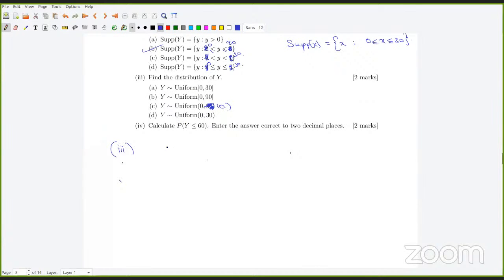Now let us find the distribution of y first, and then we will discuss whether option B or C. How do we find the distribution of y? If one random variable is monotonic in another random variable, what is f_Y(y)? How will the density function of y be?